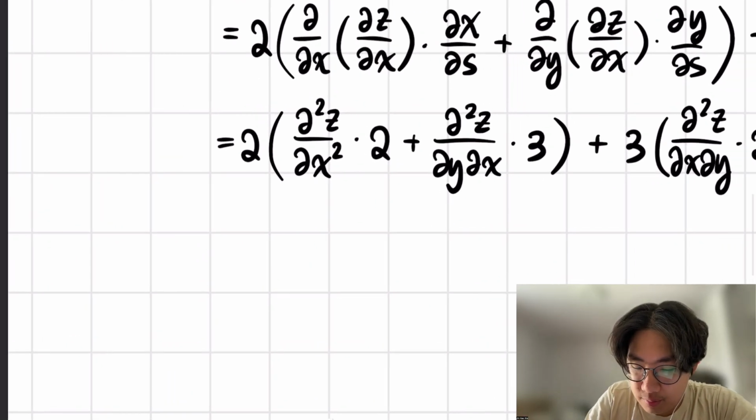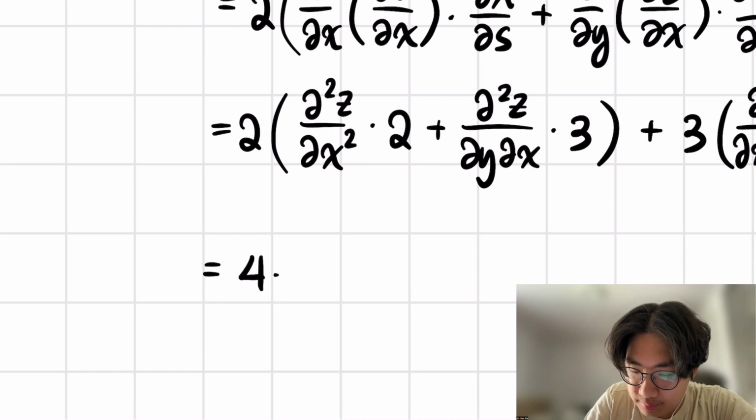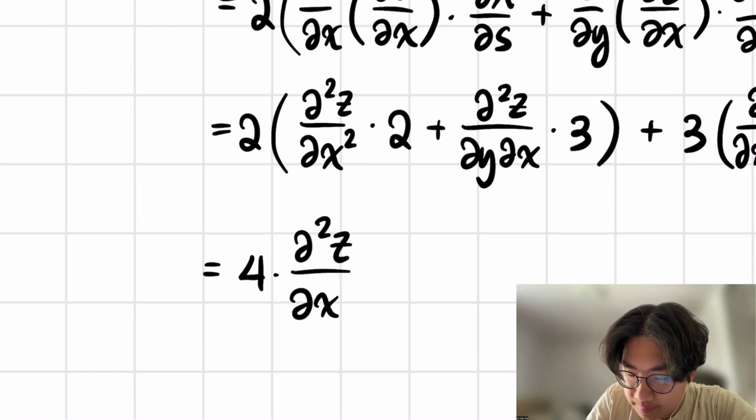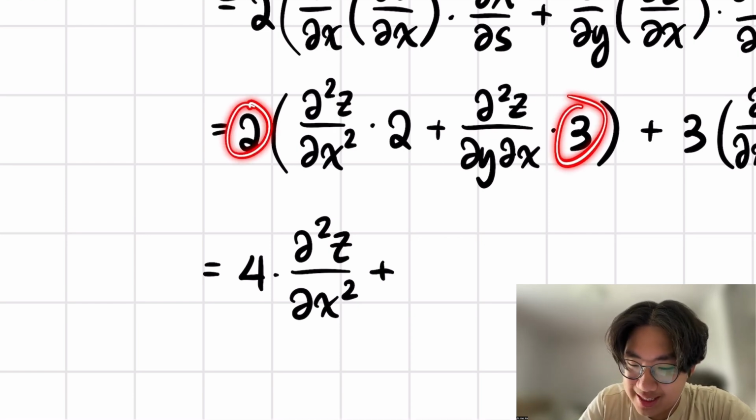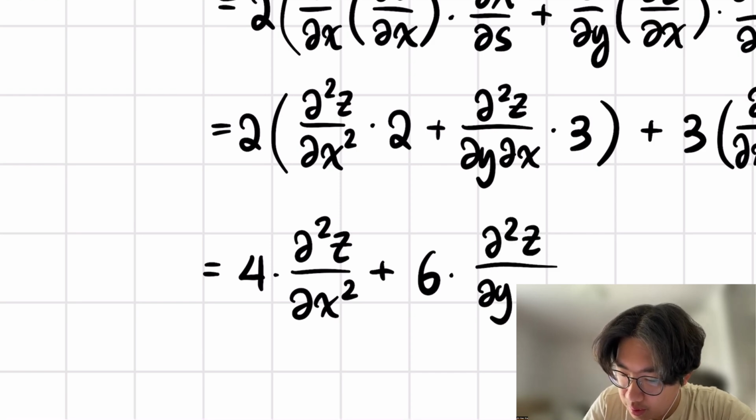Okay, so now we can expand. So again, just distributing this 2. So we have 4 times partial squared z over partial x squared. Plus, again, 2 times 3, which is 6. So plus 6 times partial squared z over partial y, partial x.